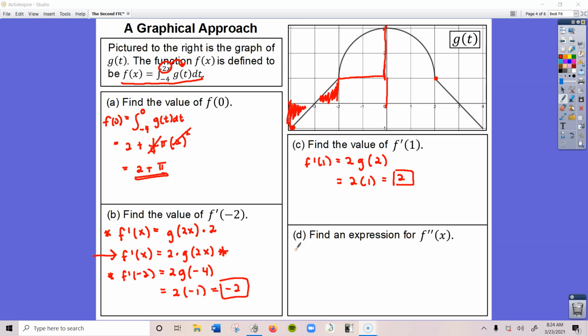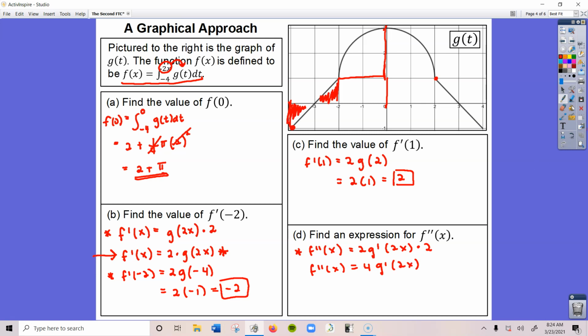So when we're finding an expression for f double prime of x, we would multiply 2g prime of 2x times the derivative of 2x, which is 2. So the expression for f double prime of x is equal to 4g prime of 2x.